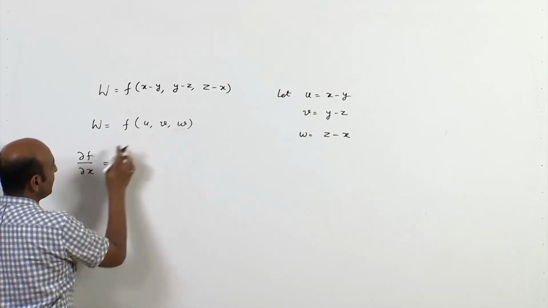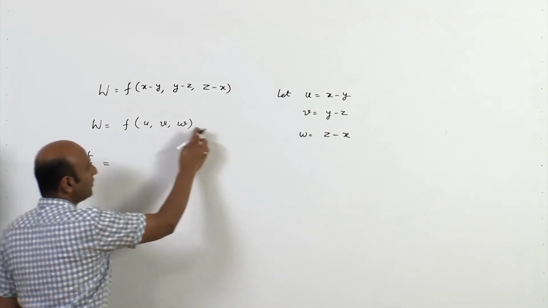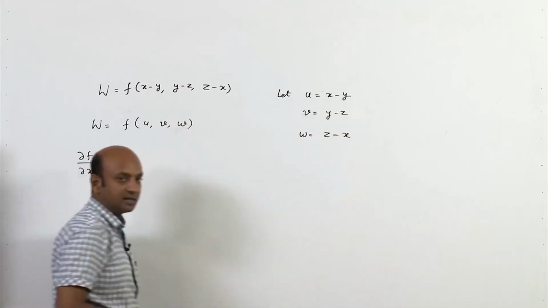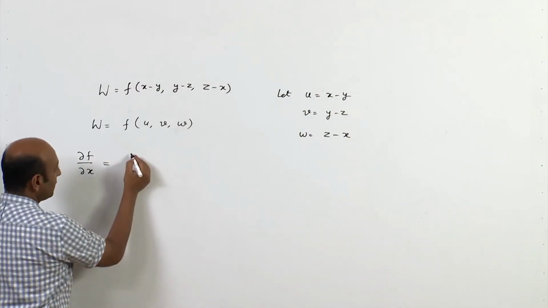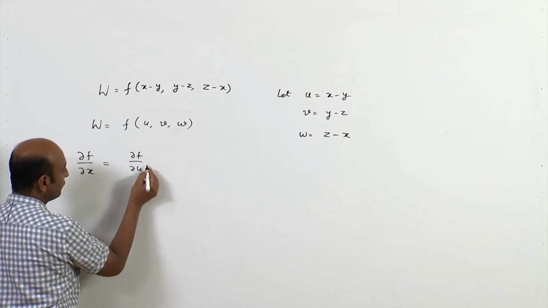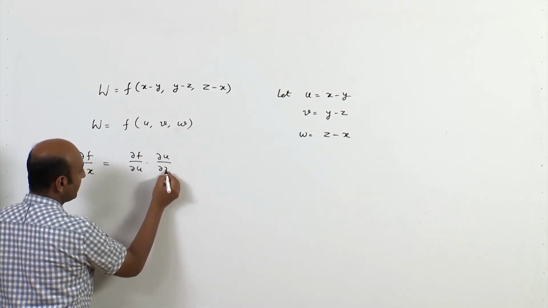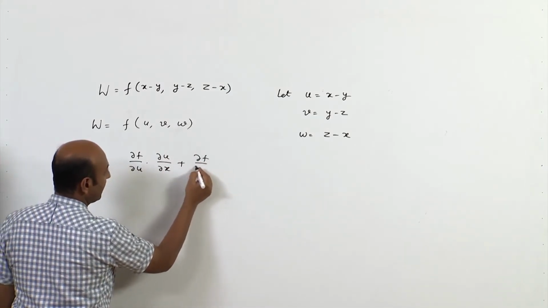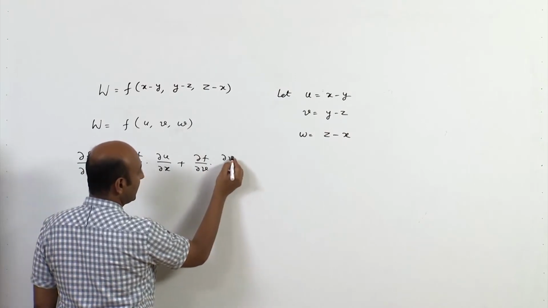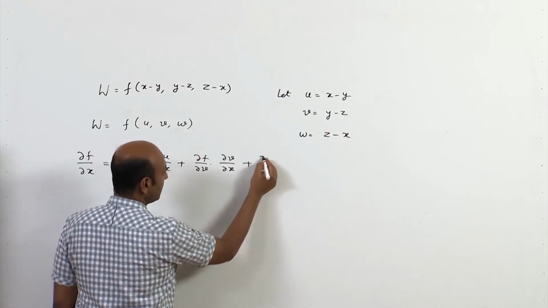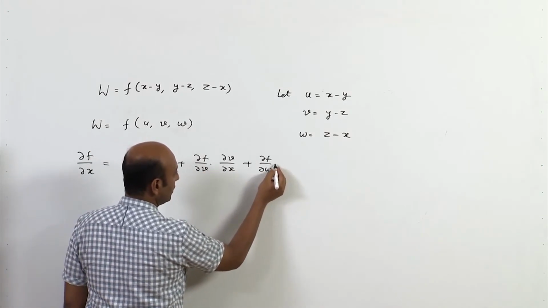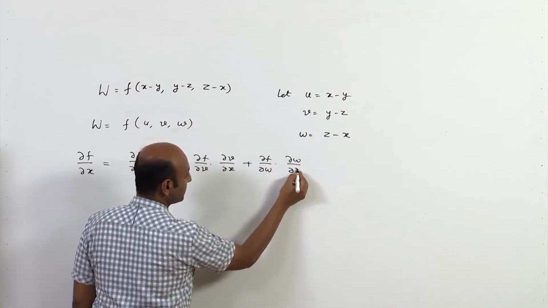Now, this f is a function of u, v and w, and u, v, w are again functions of x, y, z. So, that will be del f by del u into del u by del x by chain rule, plus del f by del v into del v by del x, plus del f by del w into del w by del x.